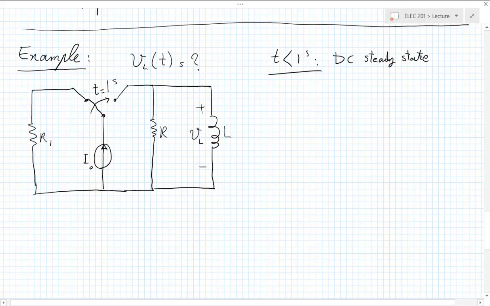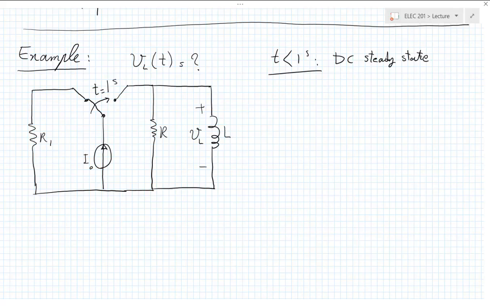The right half of the circuit was basically just this inductor in parallel with the resistor. Now, for the inductor, voltage is proportional to the derivative of its current, right? And if you're in DC steady state, the time derivative of the current is 0, so the voltage is 0.